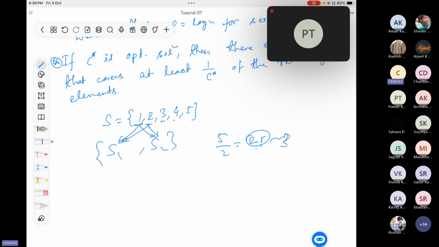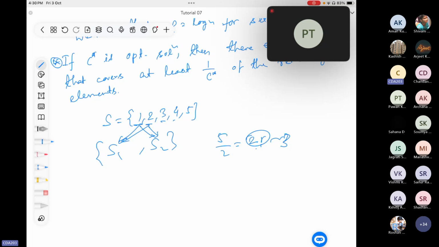If you distribute in that way, you will see that there is a set of cardinality at least 3, either S1 or S2. This actually comes from the pigeonhole principle. If you know about the pigeonhole principle, you can understand it better.